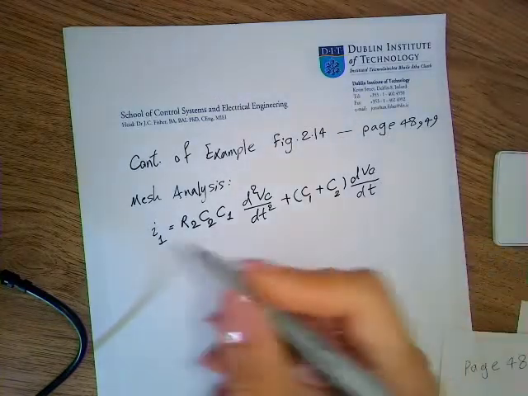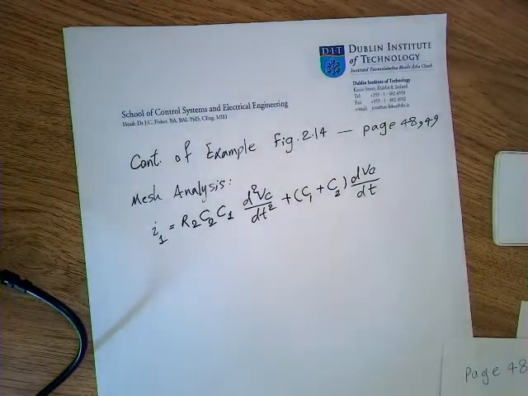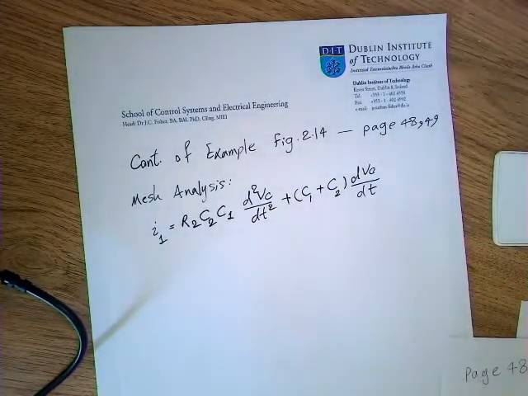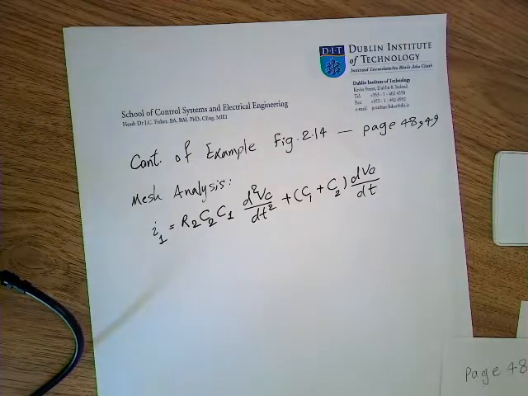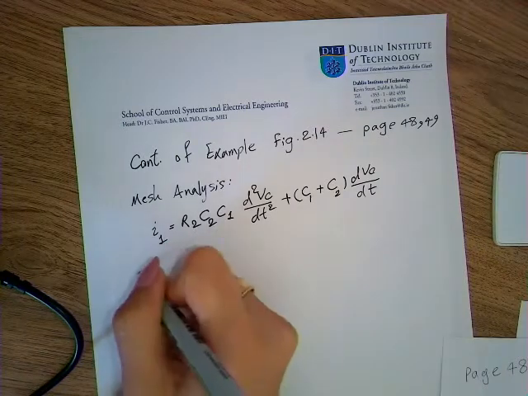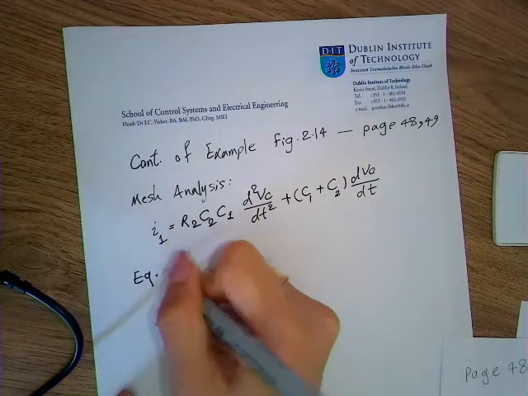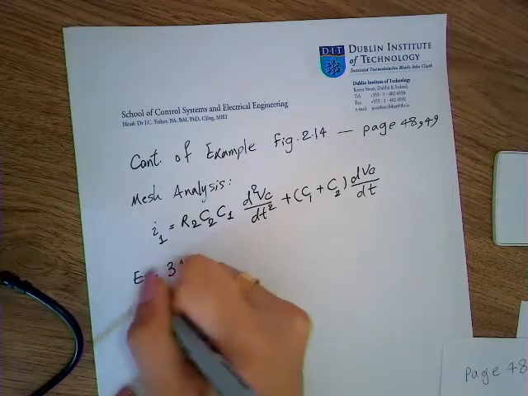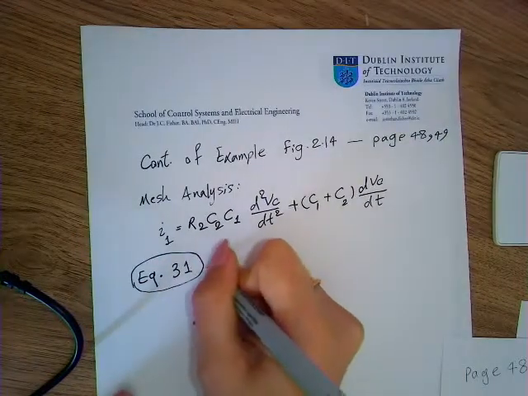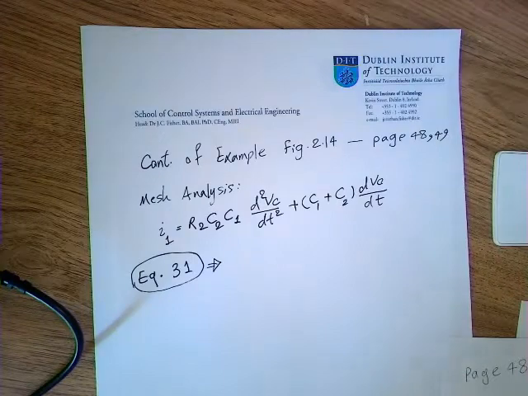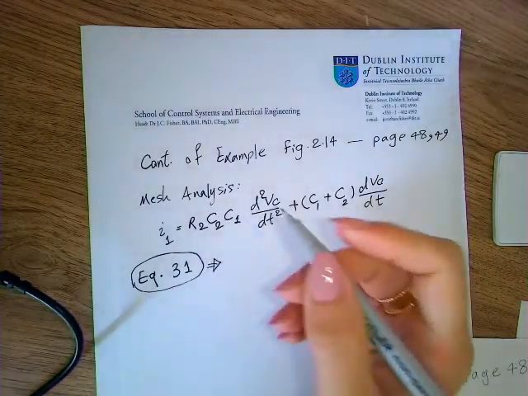Now I'm going to substitute I1 in my equation 31. I'm going to write down again my equation 31. I keep the names and numbers the same as the book, just in case someone wants to look at the book or ebook, so they are consistent.